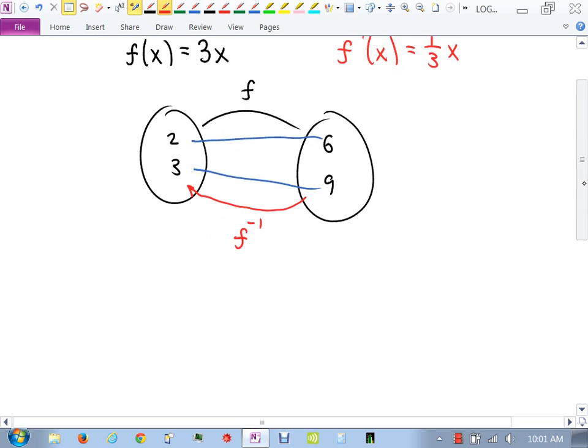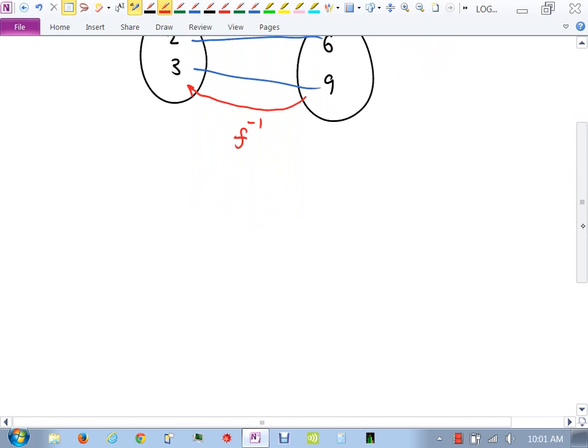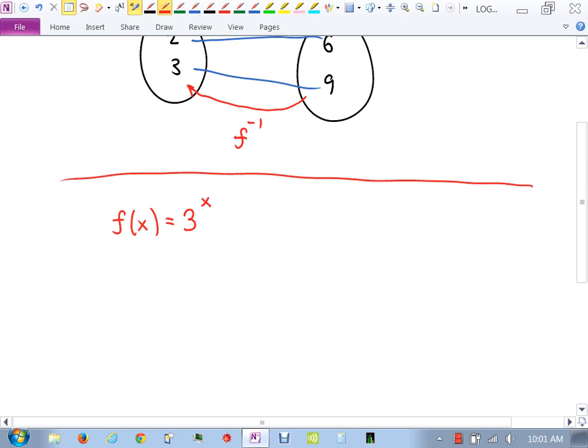Now, let's look at this. Compare that to this. How about I have a function f of x equals, instead of 3x, 3 raised to the x, right? What does my picture look like? And I'll use the same numbers. Let's go 2 and let's go 3. Let's send those over here through the function.